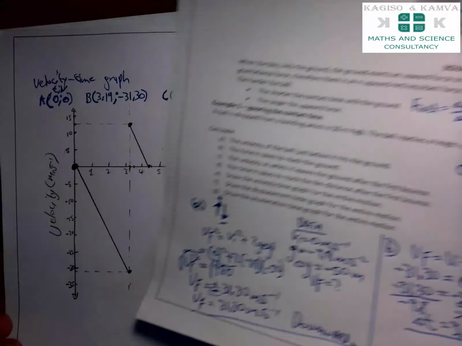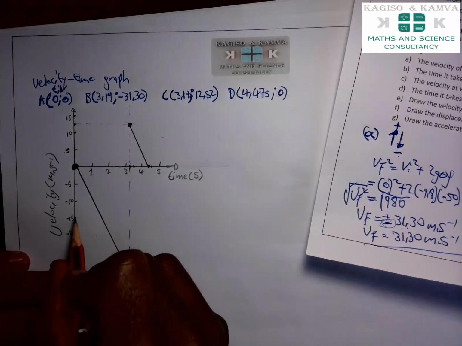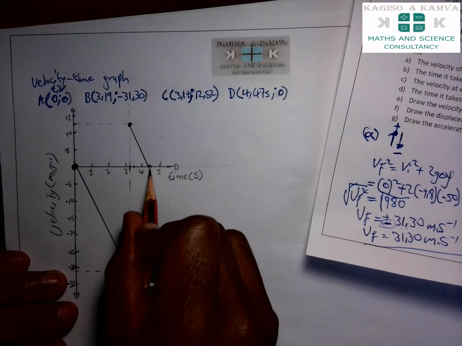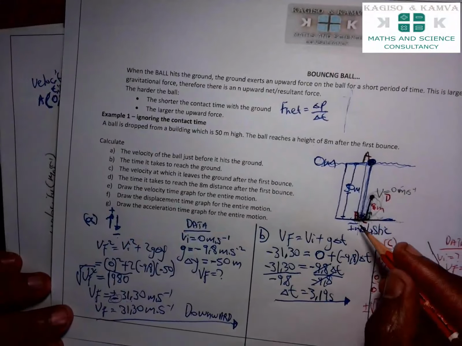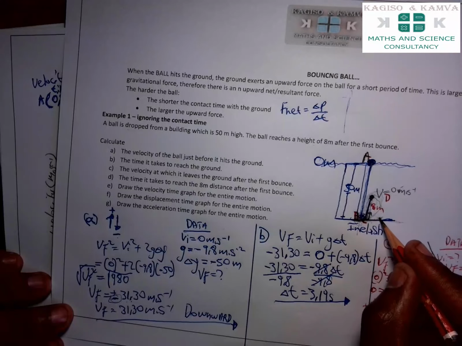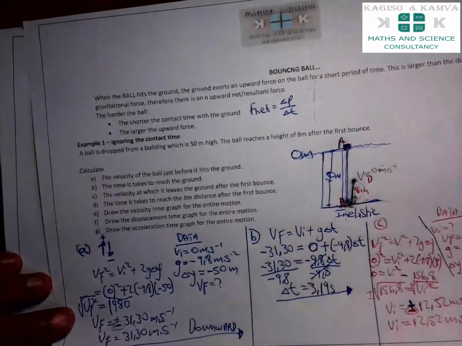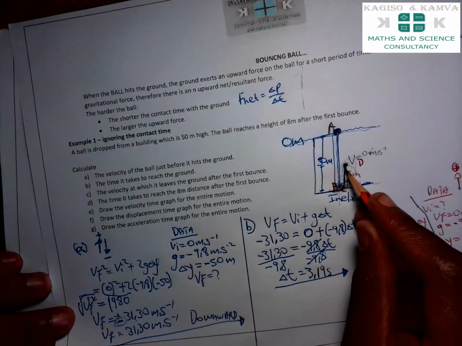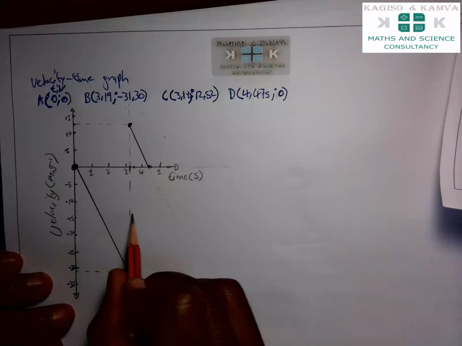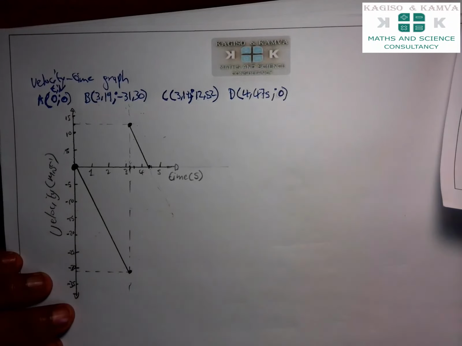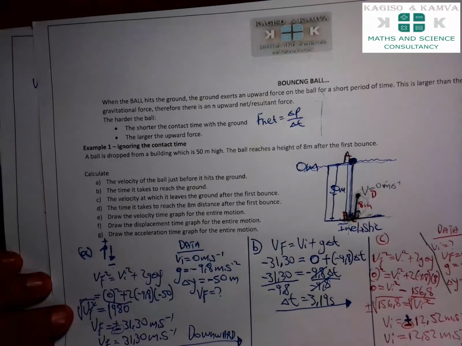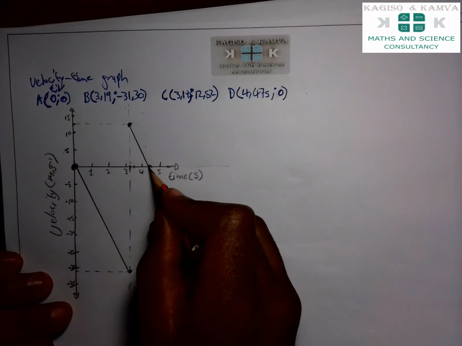That will mean our graph will come to negative 12,5, because the velocity at which it leaves the ground is equal to the velocity at which it will hit the ground again, but in the opposite direction. Hence you will extend this graph toward negative 12,5. But for now we have to end here at the maximum height, where the velocity is equal to 0.